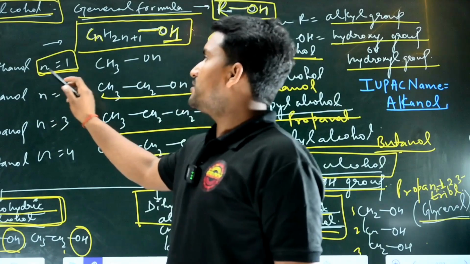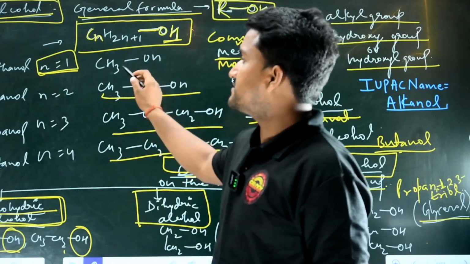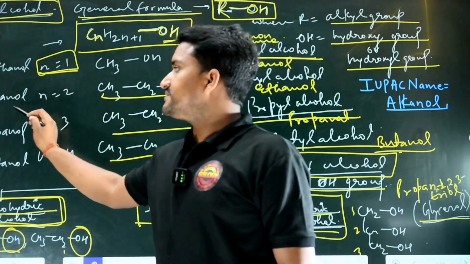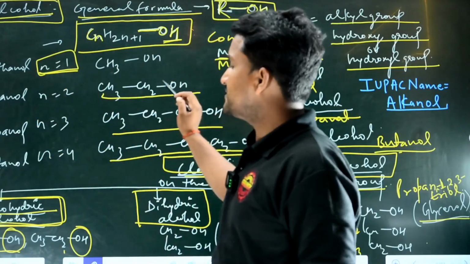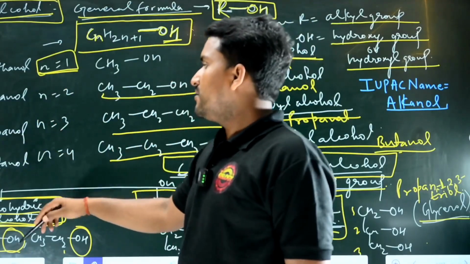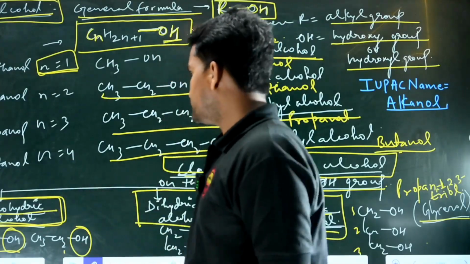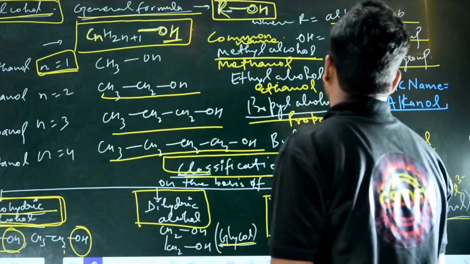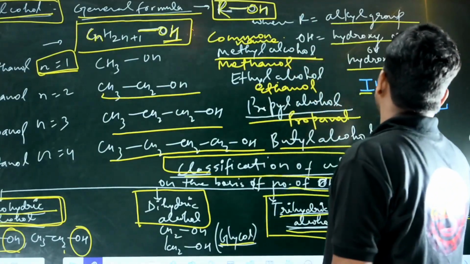Methanol, because the number of carbon present in this compound is 1. It is ethanol because 2 carbons are present. It is propanol, and it is butanol.